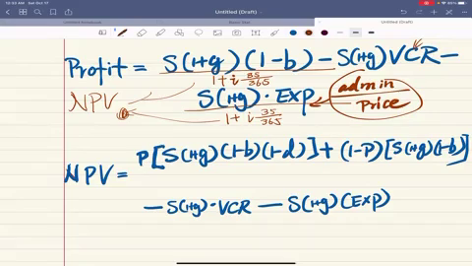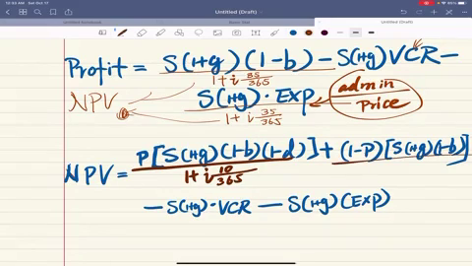For this part, it's 1 plus the discount rate. It's not 35 days, it's 10 days because they had to pay within 10 days. And this part is a cost that happened in the past, so you don't discount it.